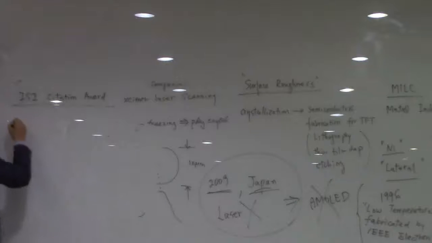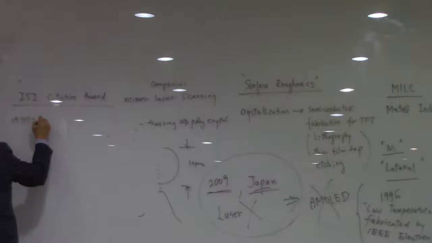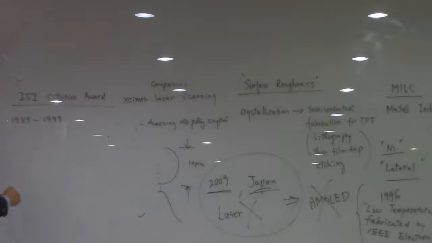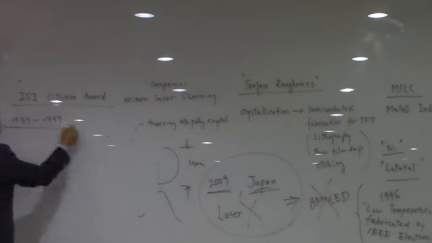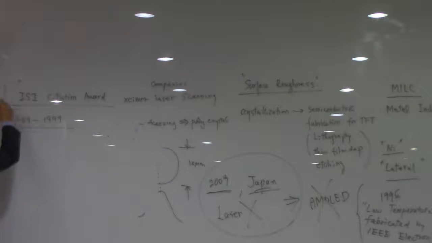It says that from 1989 to 1999, during this period of time, this paper was the most cited among the scientists. So I got the ISI citation award with that paper. And I hand out to you, some of you may have that. I just made 5 copies of that.